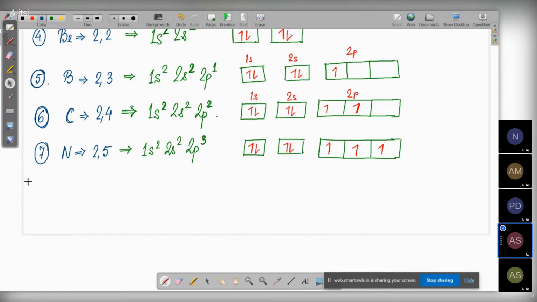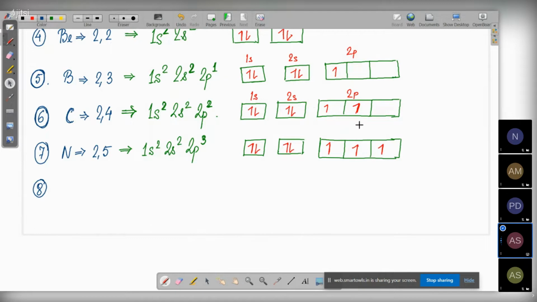Now see number 8. But before that, the p subshell can hold a maximum of 6 electrons, and in nitrogen there are 3 p electrons, p3. That is why we say nitrogen has a half filled configuration, because its p shell has half the total number of electrons possible.